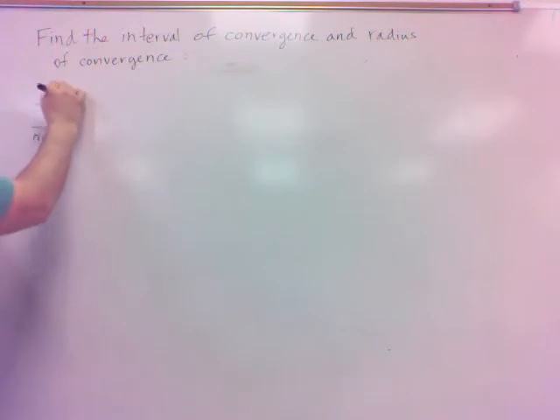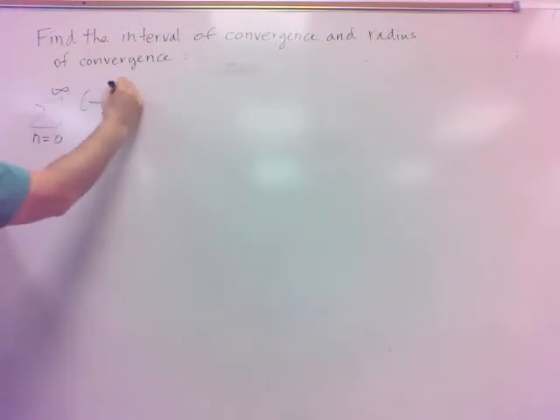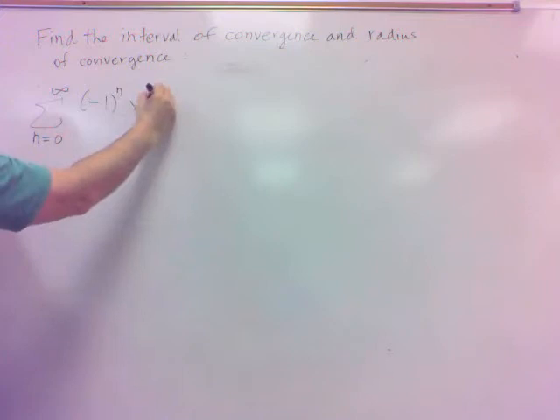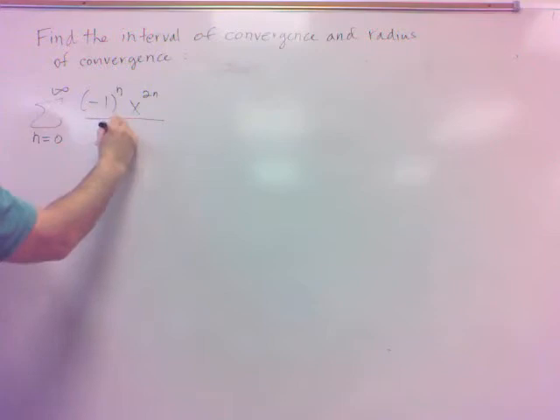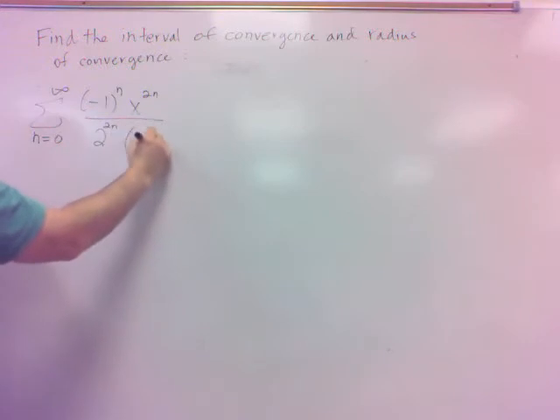N equals 0 to infinity, -1 to the n, x to the 2n over 2 to the 2n, n factorial squared.